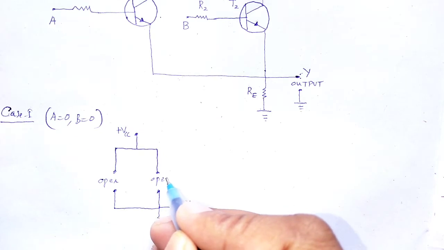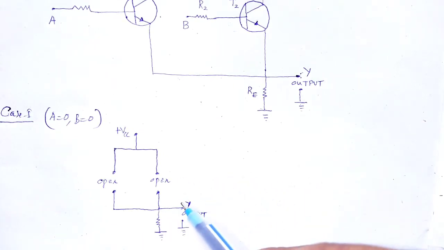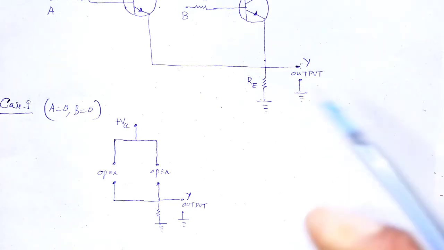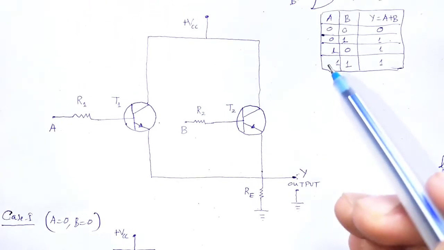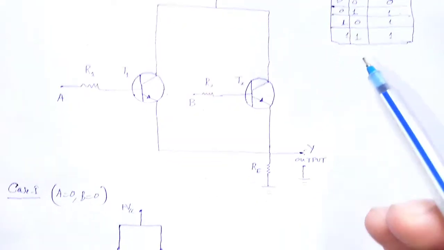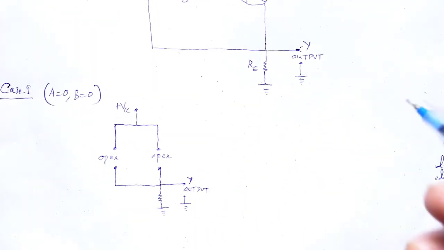Here is the open switch. Therefore, at the output we always have 0. So in the first situation, when 0 0, we have the 0 condition.